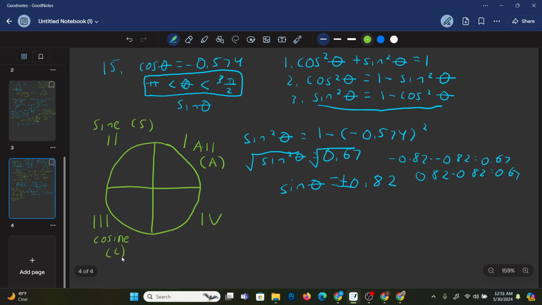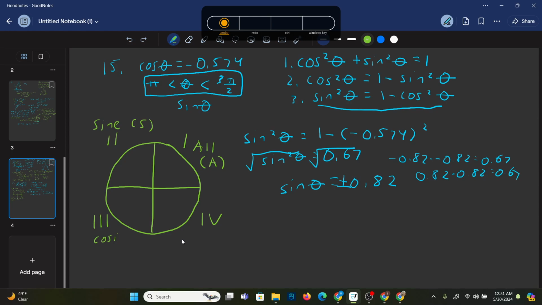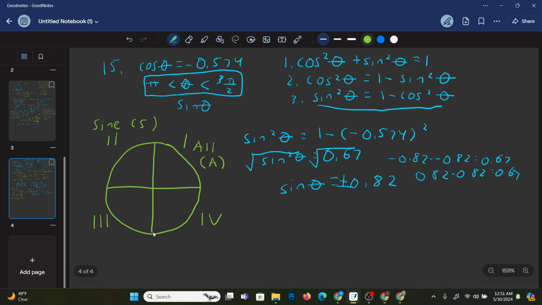Oh my god, that is not right. I meant tangent is positive. I don't know why I said cosine. Tangent is positive in quadrant 3. And in quadrant 4, cosine is positive, for the C in All Students Take Calculus.